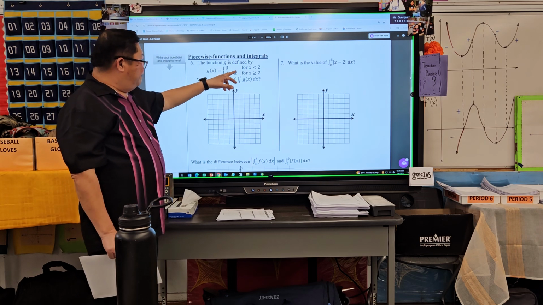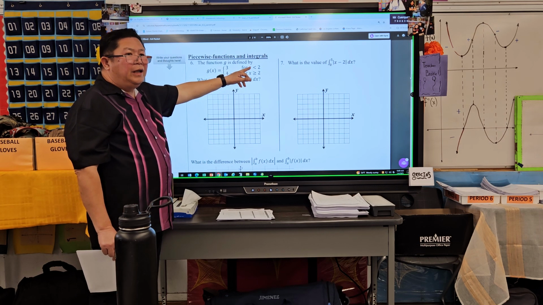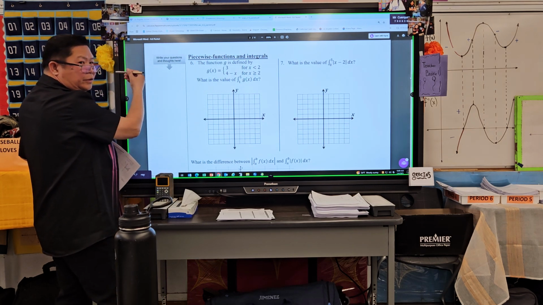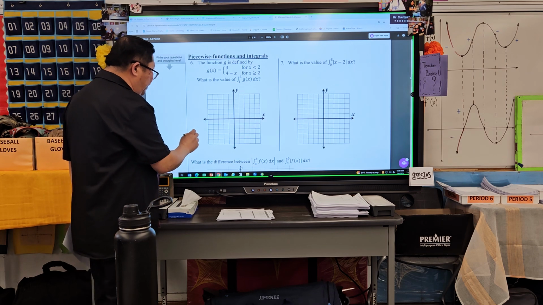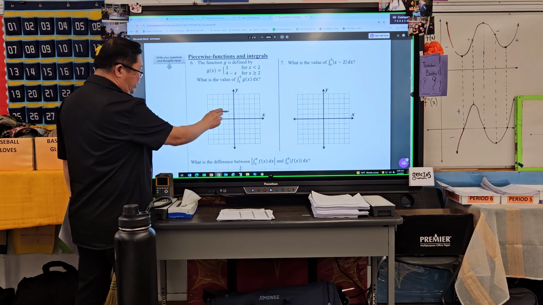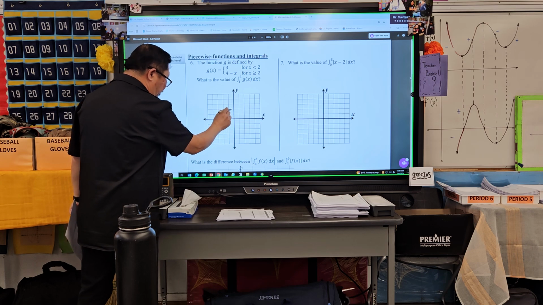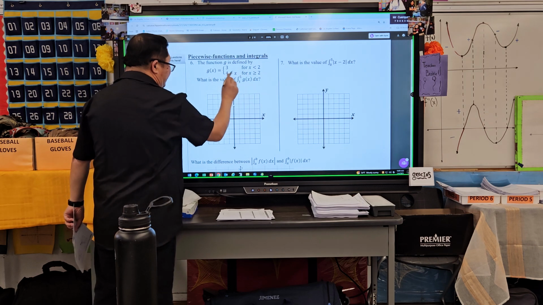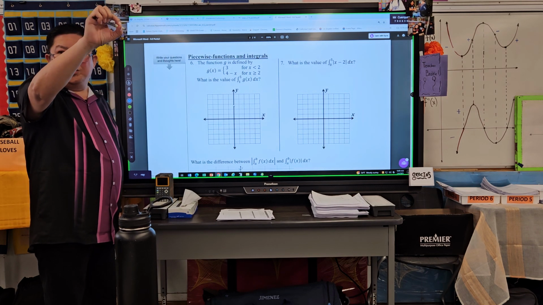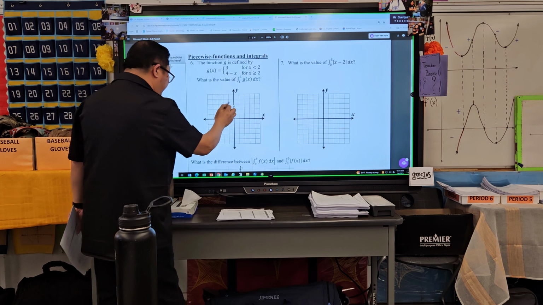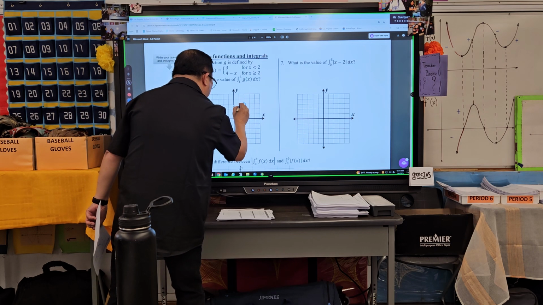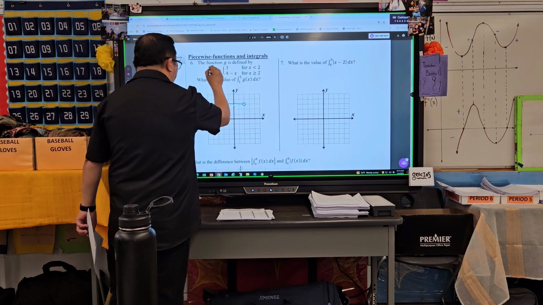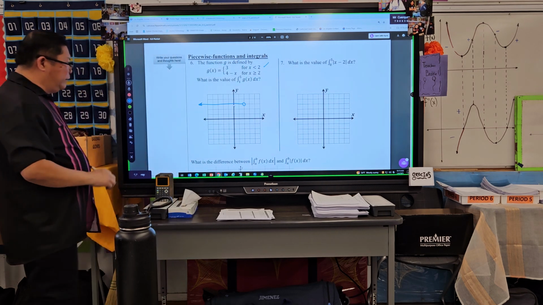We have to show the graph only for x less than 2, so the graph goes to the left. At 3, count how many units up: 1, 2, 3. Since this is less than, that means an open circle at 2 right here. Then this is the graph of the first one. So we're done with this. Okay?